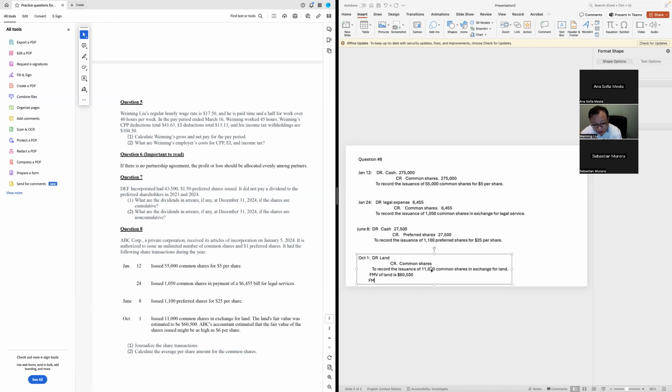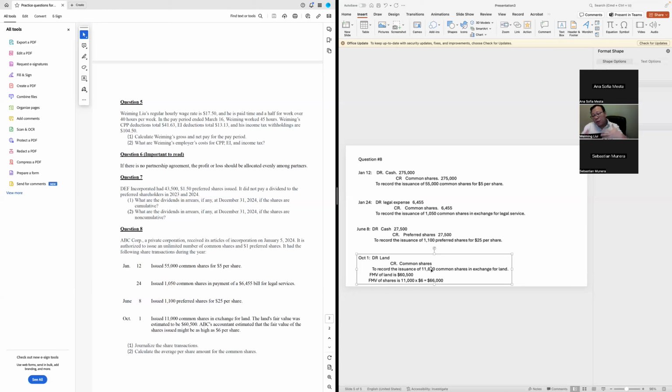The fair value of the shares is as high as $6, so I would use 11,000 common shares times $6, which is $66,000. From the perspective of the land, the fair value is estimated to be $60,500.